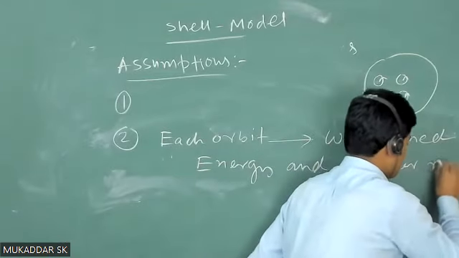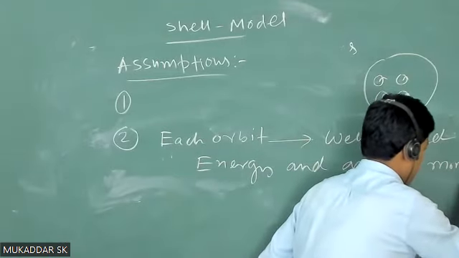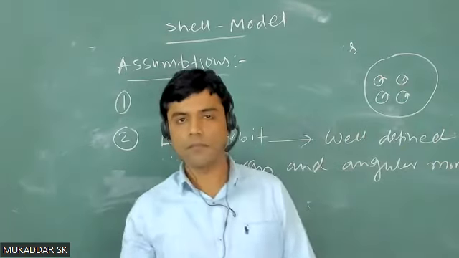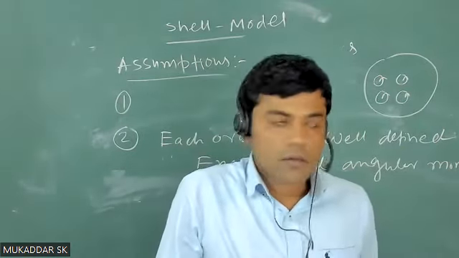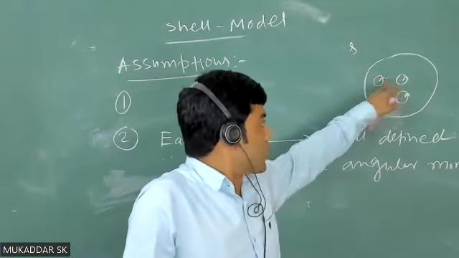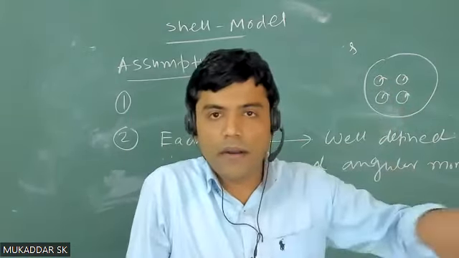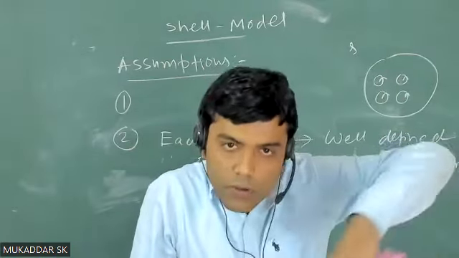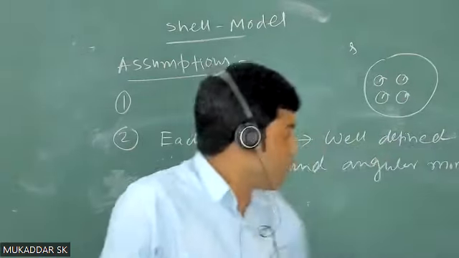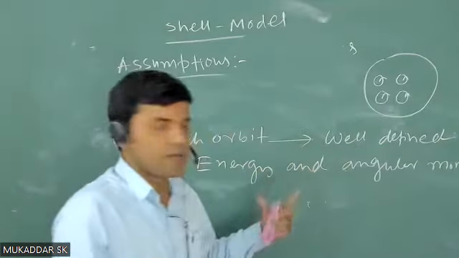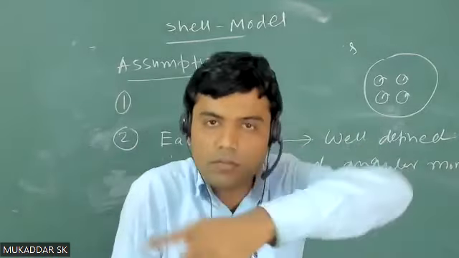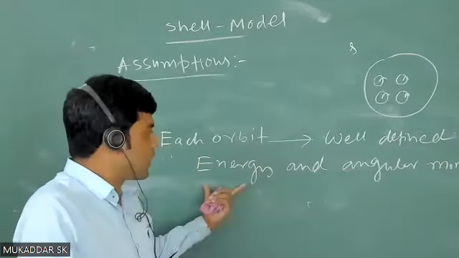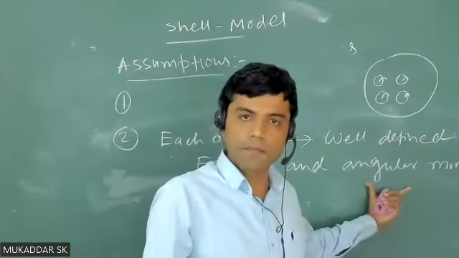Okay, right? So every motion, every nucleon's orbital motion, orbital motion means it is revolving in an orbit. Each orbit is having well defined energy, right? When you have an orbital motion, then that orbital motion corresponds to energy as well as angular momentum.